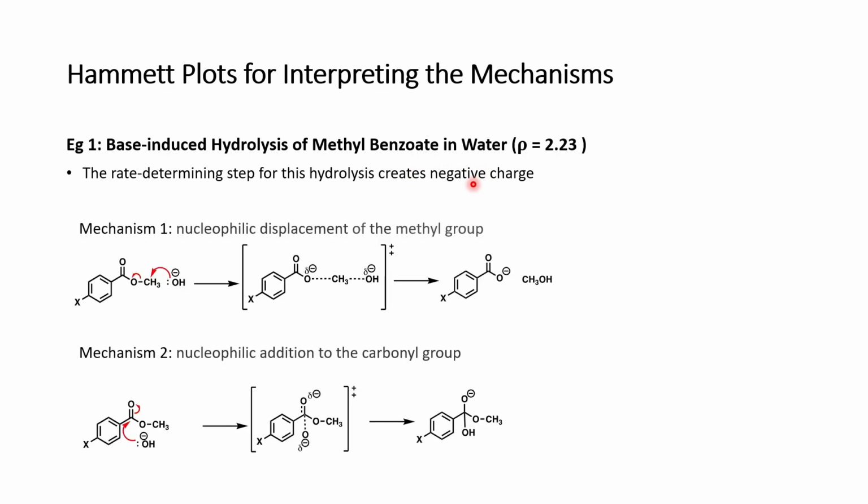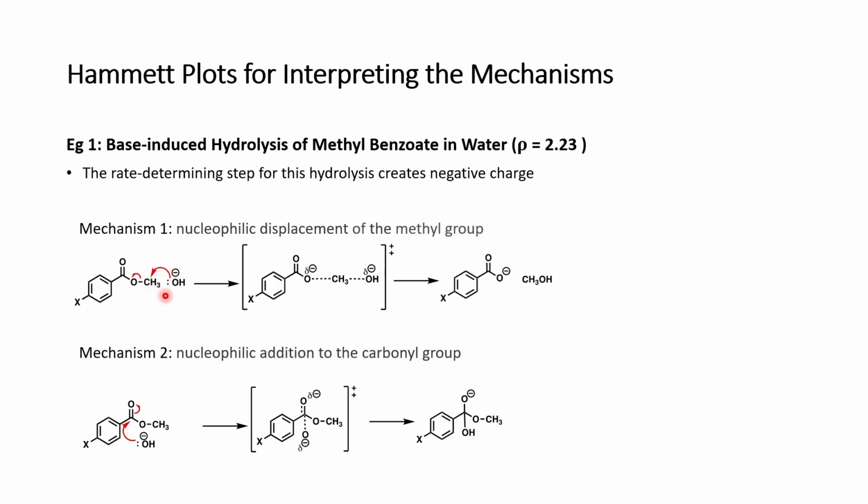So with this information in hand, let's look at the possible mechanisms involved in these reactions. As the first mechanism, we have nucleophilic displacement of the methyl group, and as the second mechanism, we have nucleophilic addition to the carbonyl group.